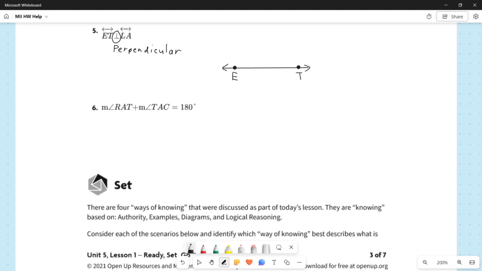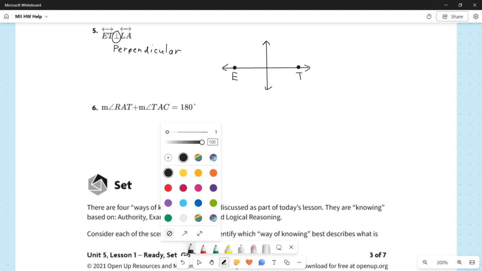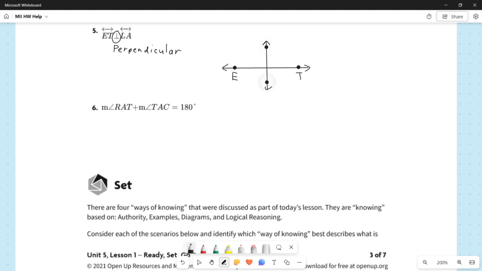Now that line ET intersects a second line LA at a 90-degree angle. So if I want to draw a 90-degree angle here, it's going to look something like that. And we'll add our arrows. And this line also has 2 points on it. We'll say there and there.